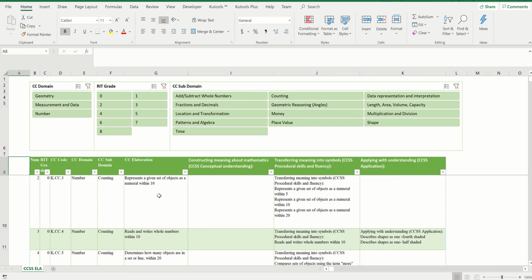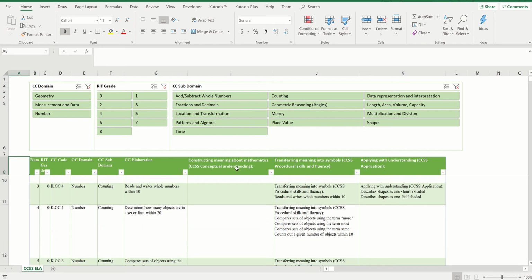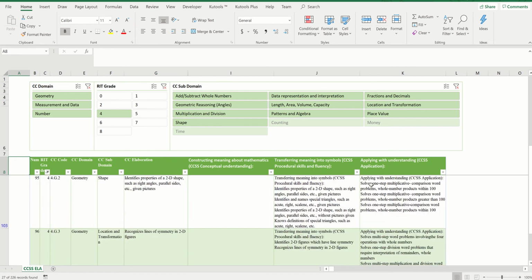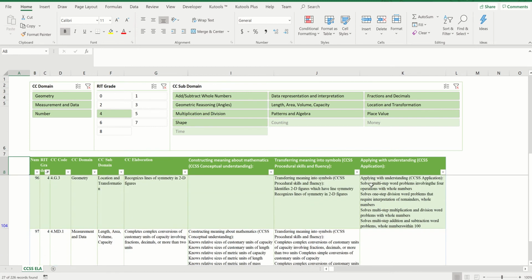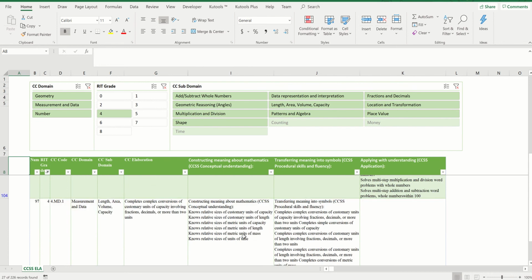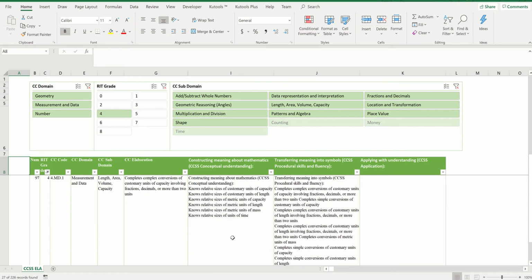And what you'll see is many of these outcomes, as they move through grade levels, shift from having more in the first two categories to having more in the last two categories or just the last one. This is grade 4, so obviously some of these areas are really moving towards application, while there are still a few areas, like measurement and data, that are starting to be introduced in grade 4.